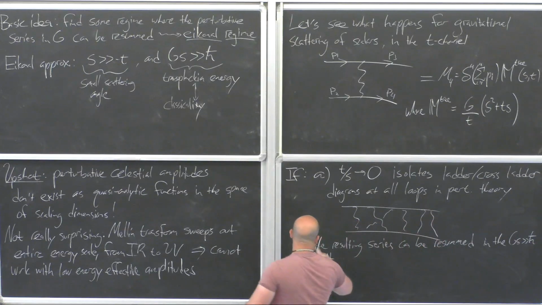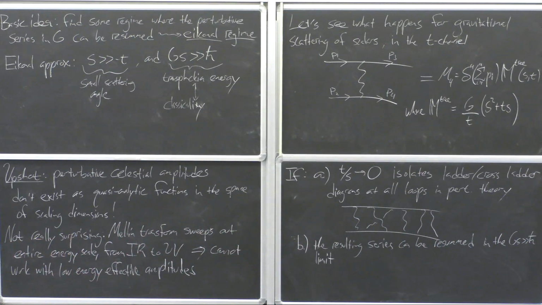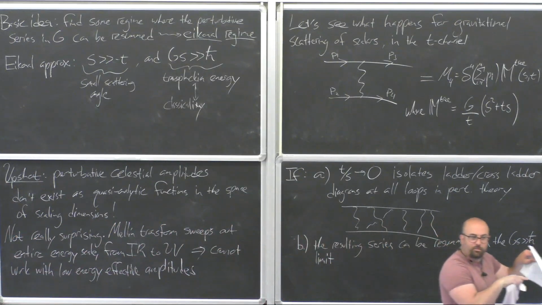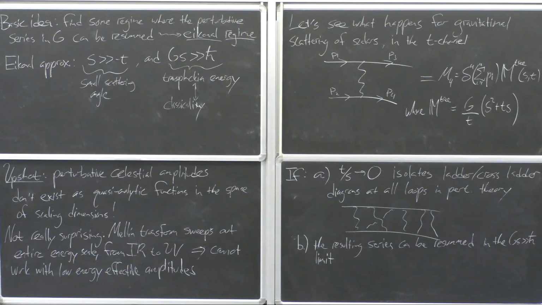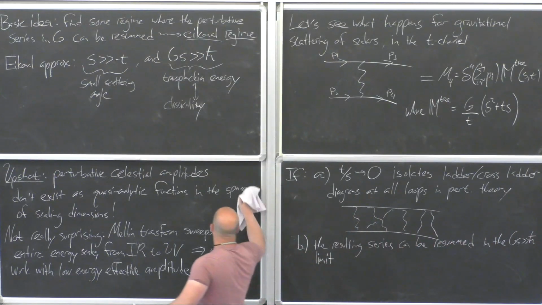It's not always the case that even if these diagrams dominate, you can resum them. Think about non-abelian gauge theory. Let's have some quarks exchanging gluons, right? The box and cross box diagrams come with different color factors, so you can't sum them together, right? So not every theory has these features.